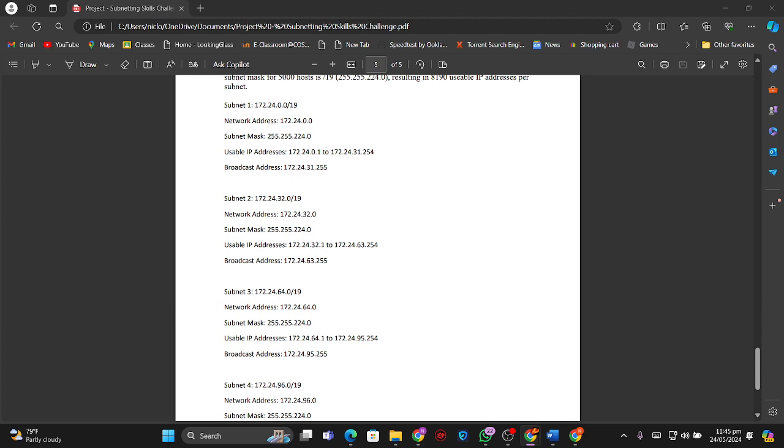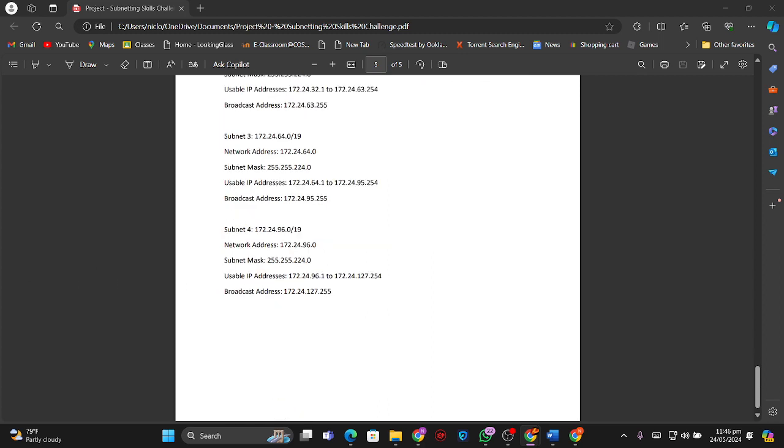The third subnet has a network address of 172.24.64.0 with usable IP addresses ranging from 172.24.64.1 to 172.24.95.254, and a broadcast address being 172.24.95.255.